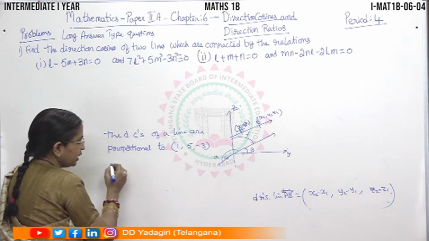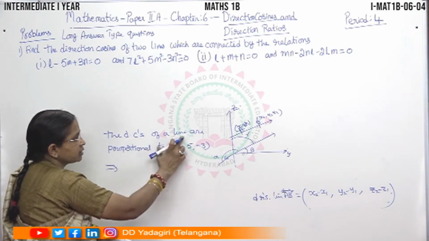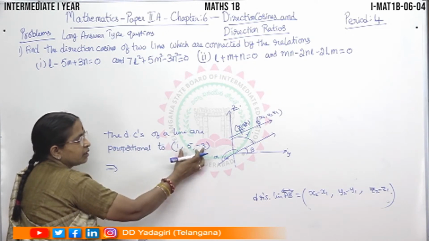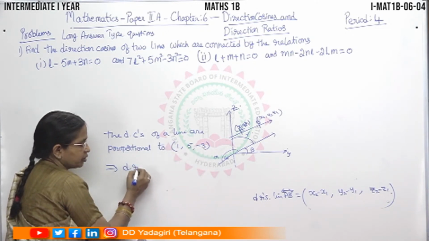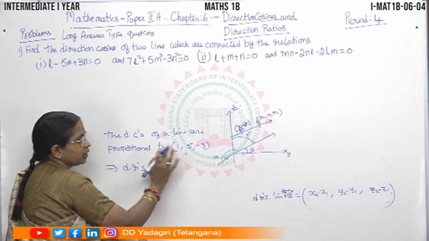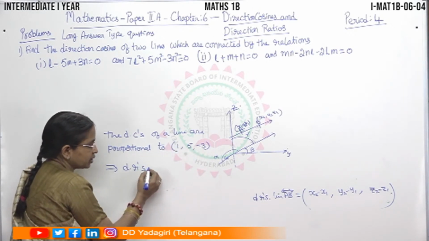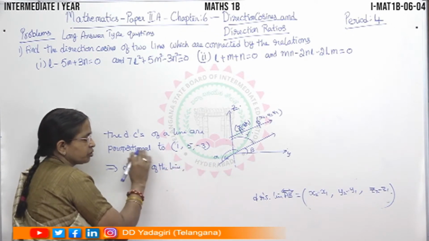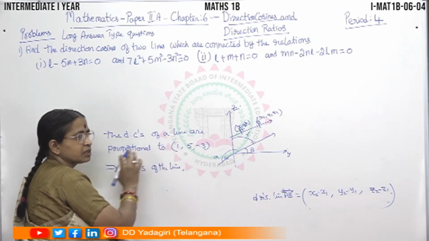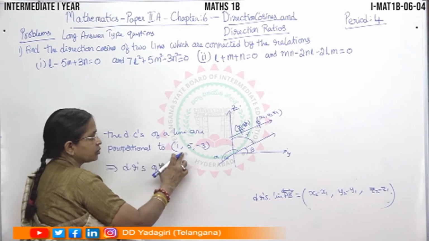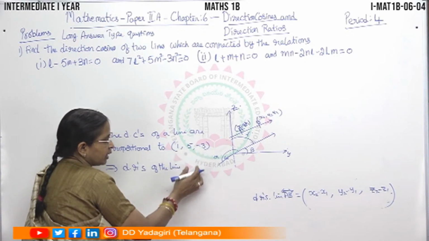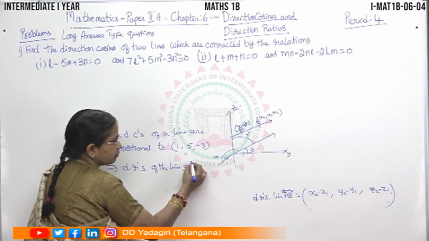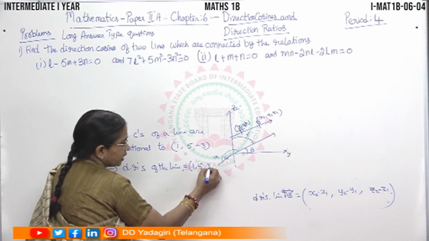Direction cosines are proportional means these are not the direction cosines, they are the direction ratios. So this is one thing which you have to observe. When the direction cosines of a line are proportional to some triad like this, it means that they are the direction ratios. So the direction ratios of the line are 1, 5, minus 3.